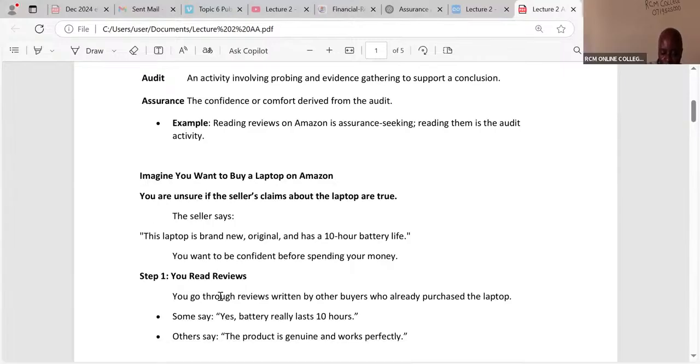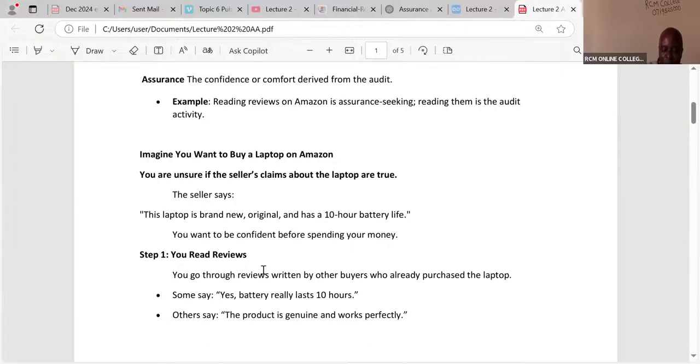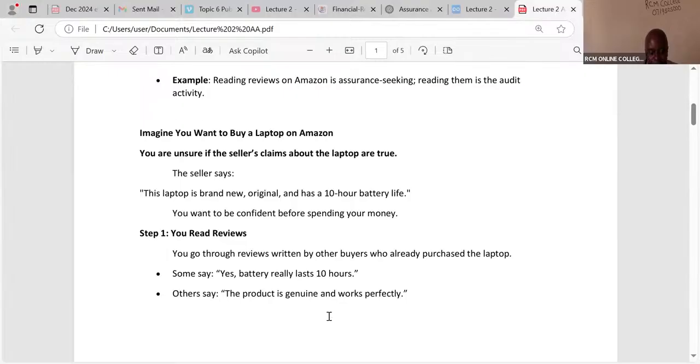You go through reviews written by other buyers who already purchased the laptop. Some say, yes, the battery really lasts 10 hours. Happy customers. Others say the product is genuine and works perfectly.